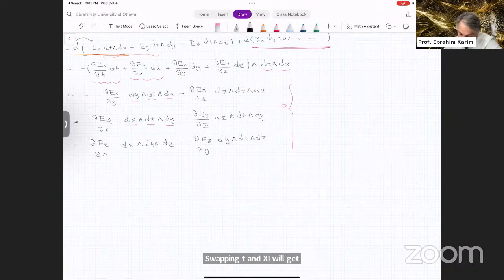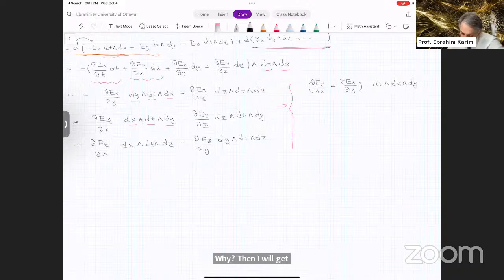It will be the derivative of ey with respect to x, and the other one, if I swap these two together, I will get a minus sign, minus ex y. Then I will get dt wedge dx wedge dy.